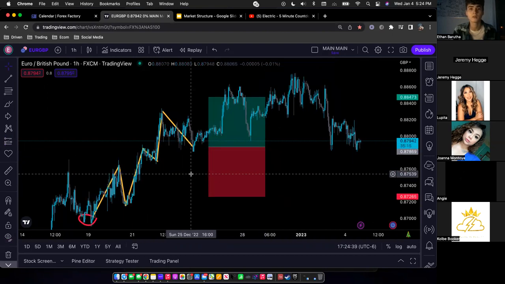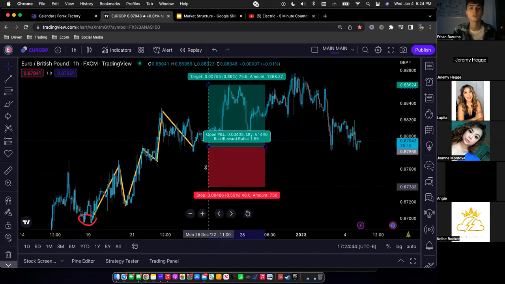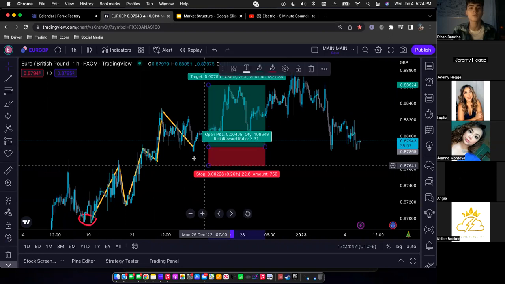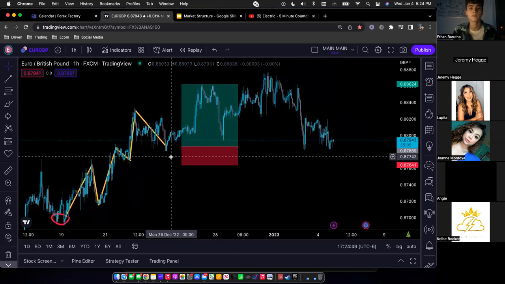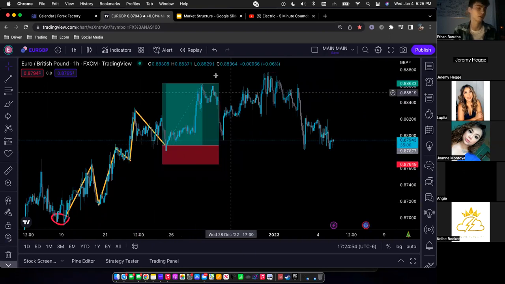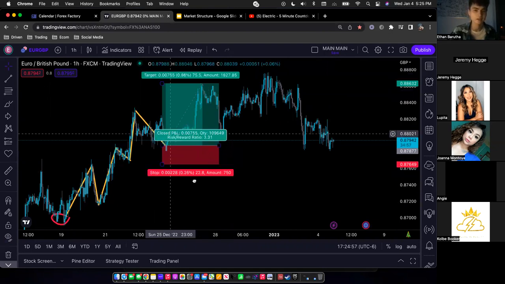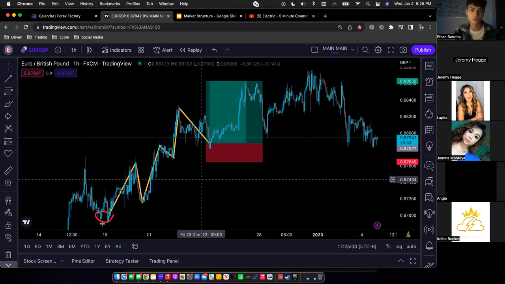Okay. We can ride this up. All right. Since we are in an uptrend, make sure your risk to reward is proper. And look at that. You have just made a trade off of market structure because you recognize that market is going in an uptrend.